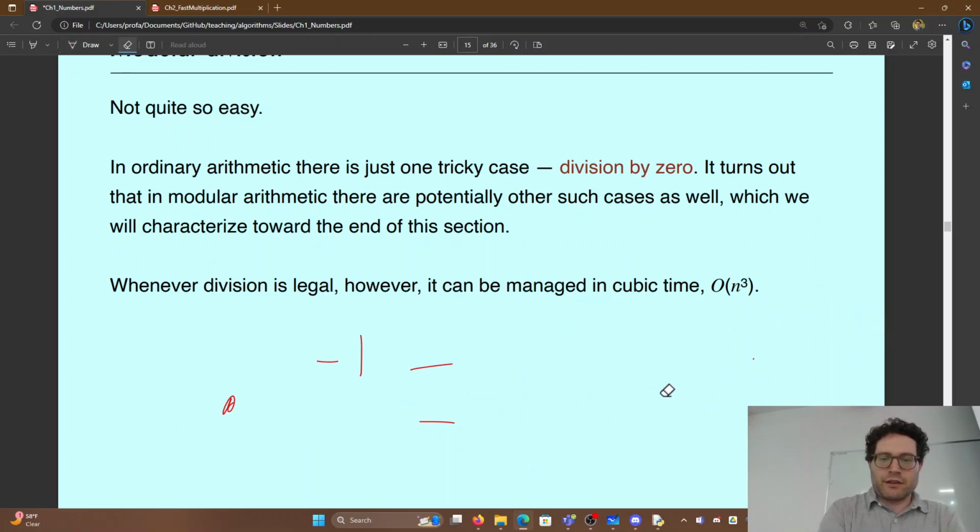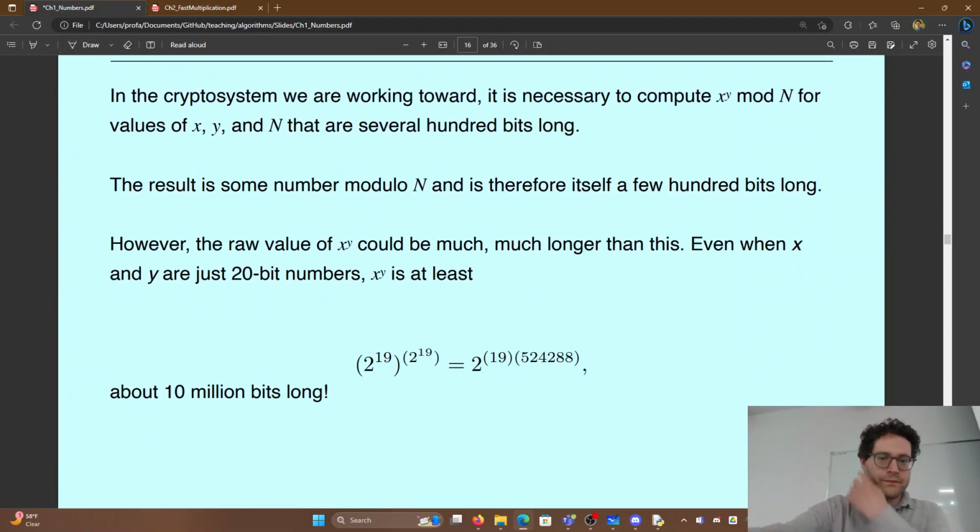Division's only really legal in those cases, and when it is legal, it takes n cubed time to do modular division, where n is the number of bits.